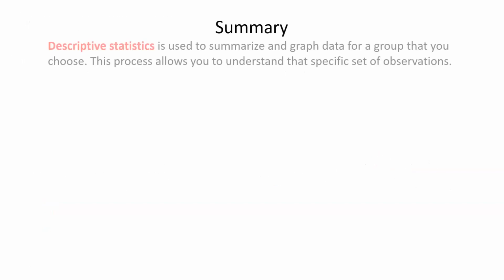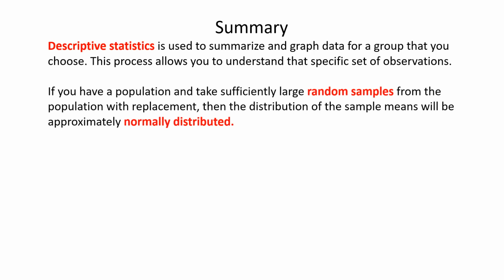So to summarize, descriptive statistics is used to summarize and graph data for a group that you choose, and this process allows you to understand a specific set of observations. If you have a population and take sufficiently large random samples from the population with replacement, then the distribution of the sample means will be approximately normally distributed.